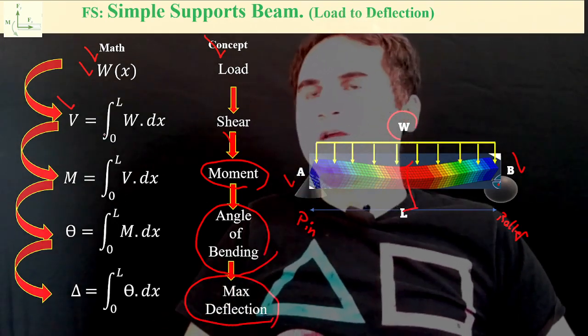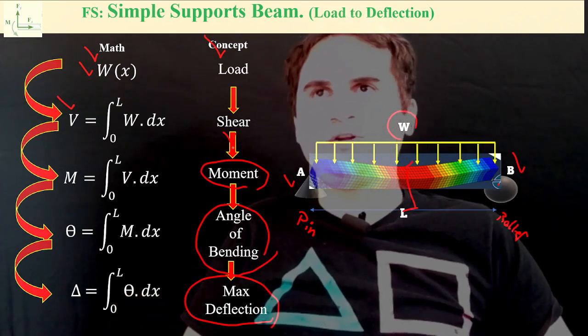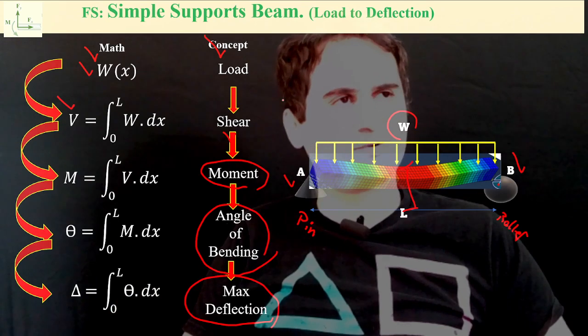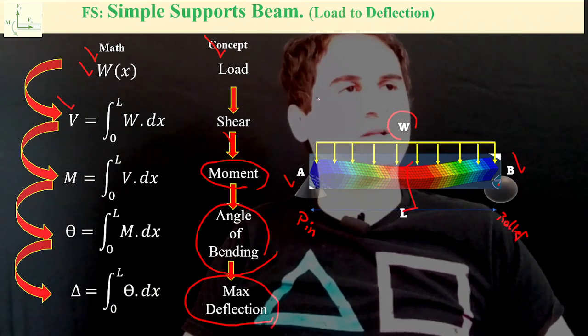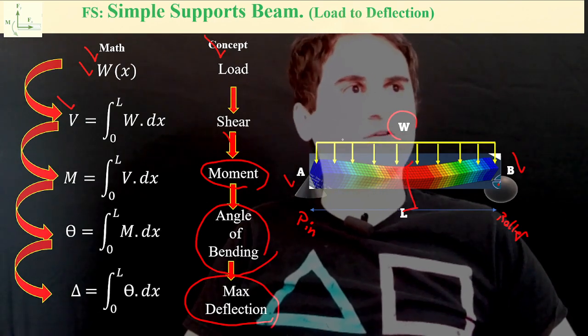And if you remember, we already calculated this in mechanics of materials, in chapter 12, and I will provide you with the link to that video if you want to refresh your memory.